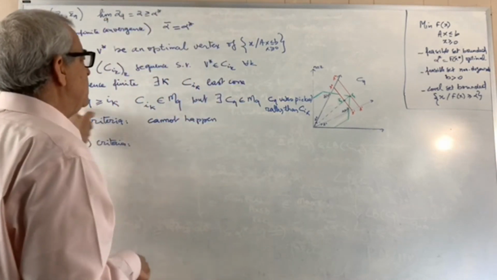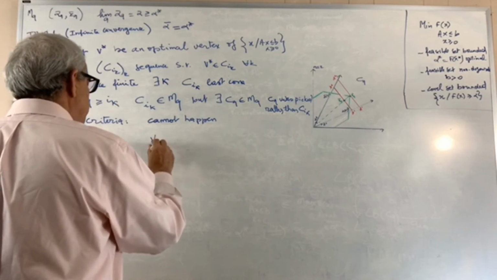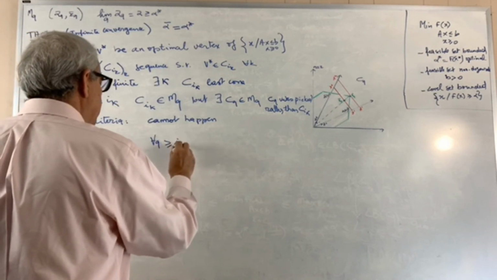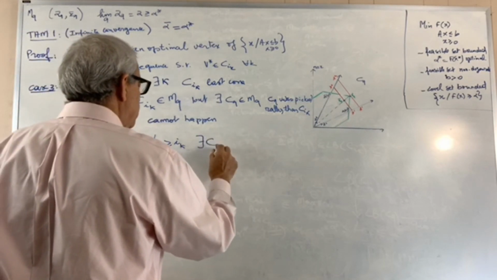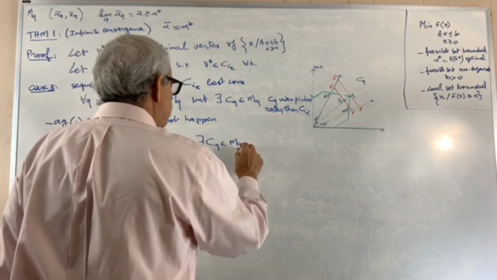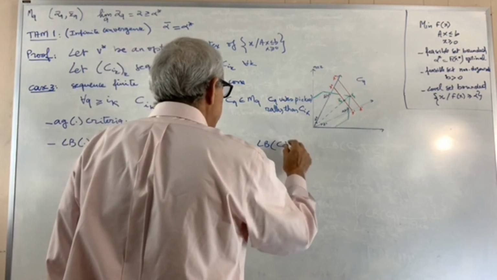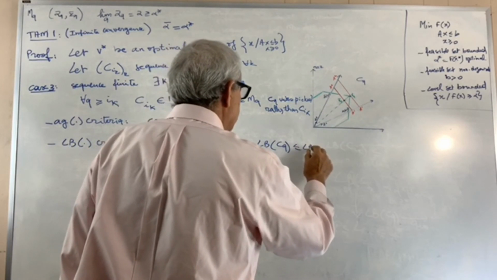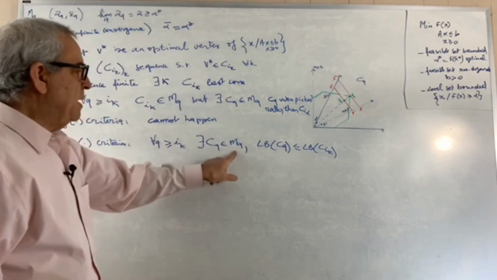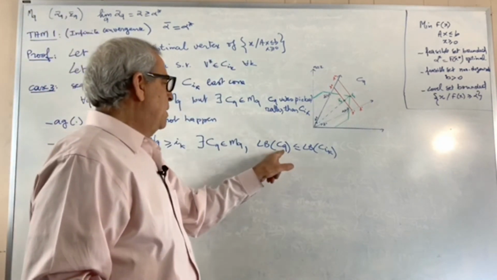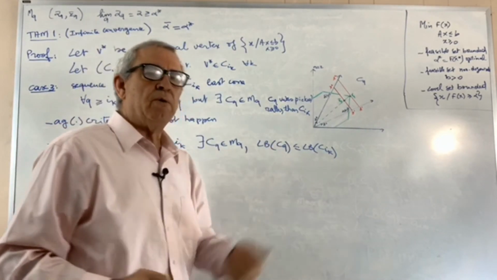So if we translate this statement, that means that for every Q greater or equal to I big K, there exists a cone CQ belonging to MQ such that the lower bound of CQ was less or equal to the lower bound of Ci big K. There was always a cone in MQ whose lower bound is less or equal to that of Cik, and that's why this cone CQ is picked.